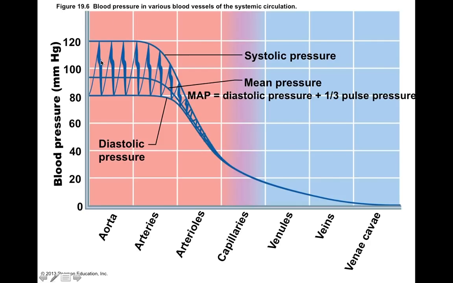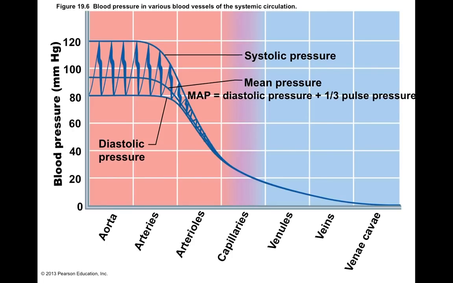Okay, cool. So do you guys notice that the general tendency of this pressure is to go from high to low? That kind of makes sense. As you get farther from the heart, pressure starts to go down. The reason you lose pressure as you go down is there's friction along your blood vessels, and your blood vessels start branching out. As they branch out, you get more cross-sectional area, which means there's less pressure.